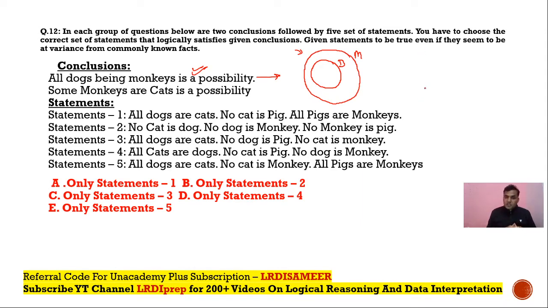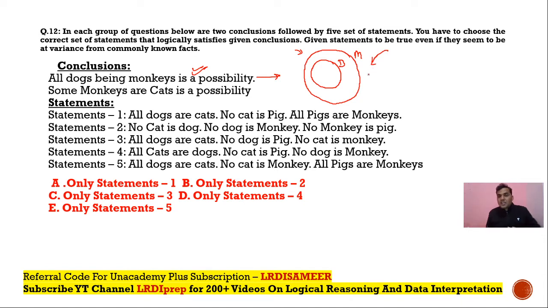So in a reverse conclusion, you are supposed to eliminate the options. And how do you eliminate the option? By thinking which exception would exist, or what would be the contradictory statement to this conclusion.